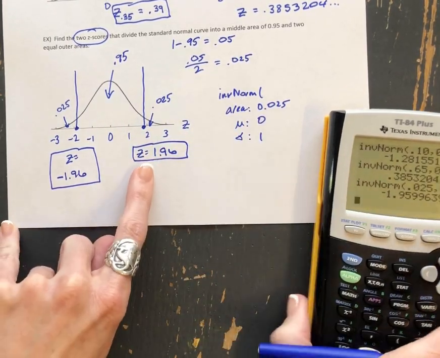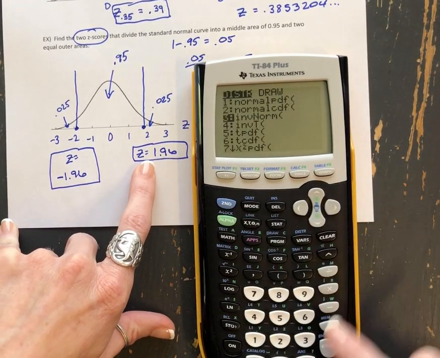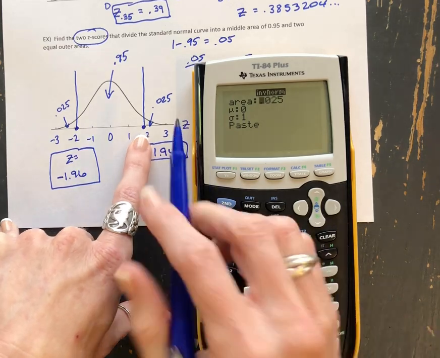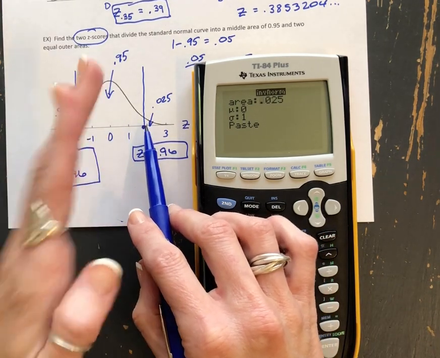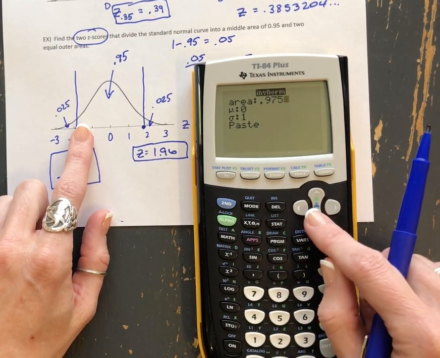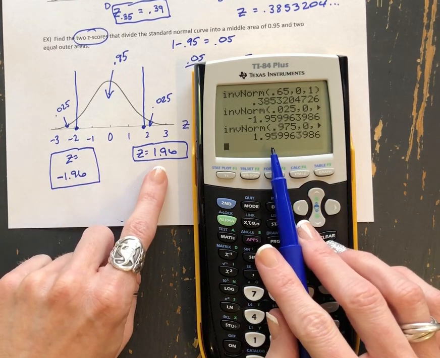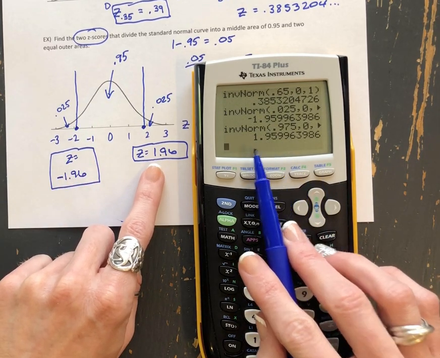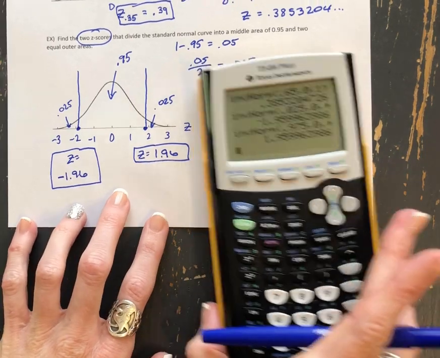Okay, if we wanted to double check, just to be sure, the one up here has area 0.95 plus 0.025 to its left, right? So that's 0.975. And you can tell you get that positive z value of 1.96, again, if we round to 2 decimal places.